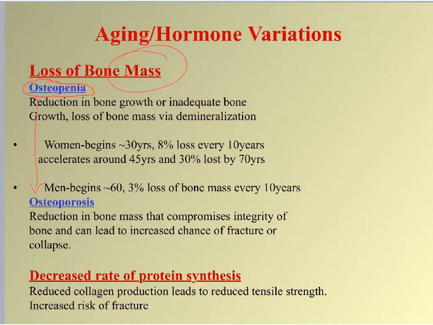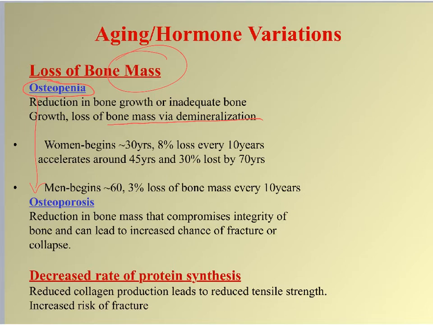So you might be not making or replacing old bone as fast as you once were, and you get a loss of bone mass through what we call demineralization. That ground substance, the concrete of bone, starts to become a whole lot less dense. This occurs in women beginning in the 30s, and from then on you have an 8% loss of bone mass every 10 years.